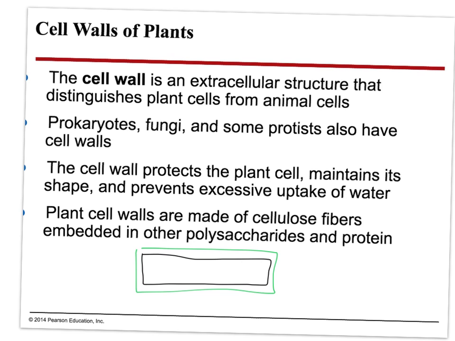The cell wall. Okay? So water rushes in. High water on the outside would rush in, but that only makes the plasma membrane push out. It's still contained by the cell wall.